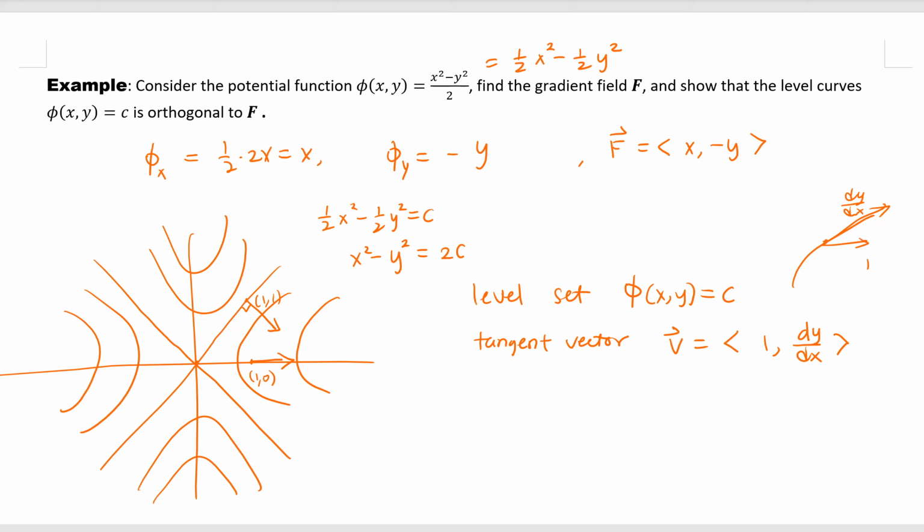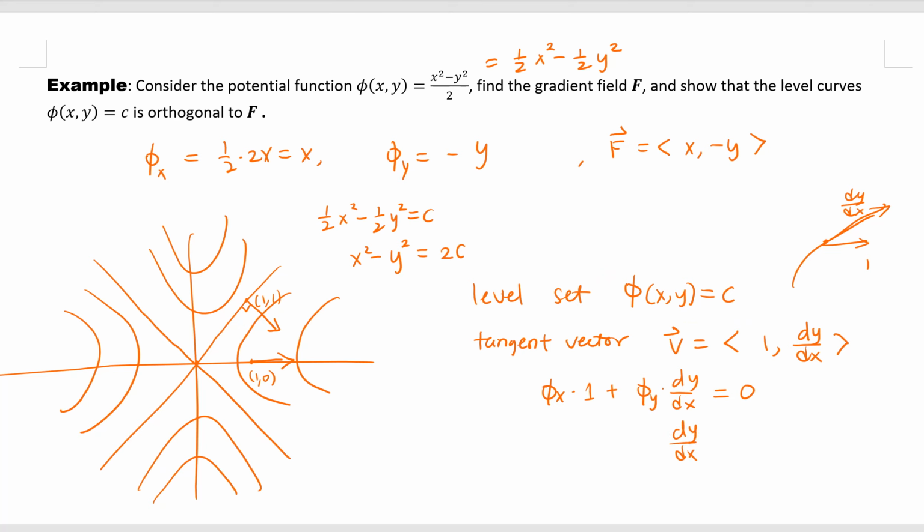And last time when we talked about the chain rule section, we also talked about the implicit differentiation rule. Okay, so we can differentiate this guy on both sides with respect to x. We get phi x times dx dx, which is 1, plus phi y times dy dx. Okay, so that equals, derivative of a constant is 0.